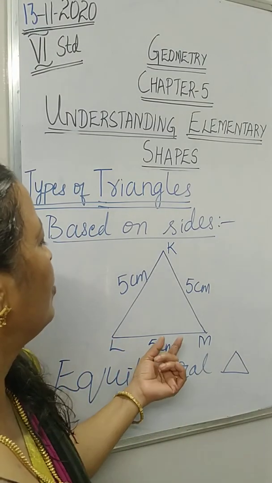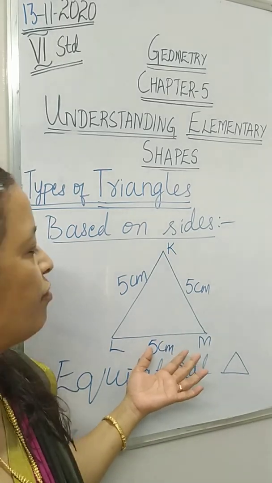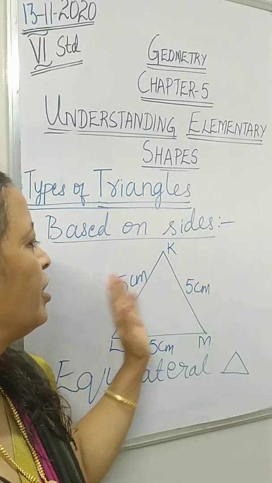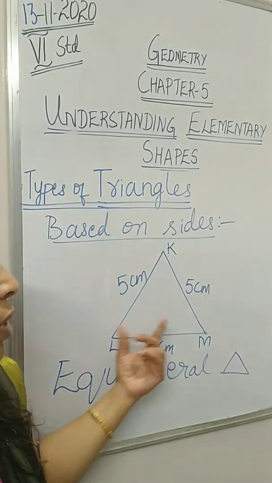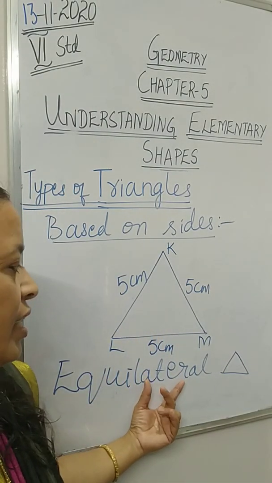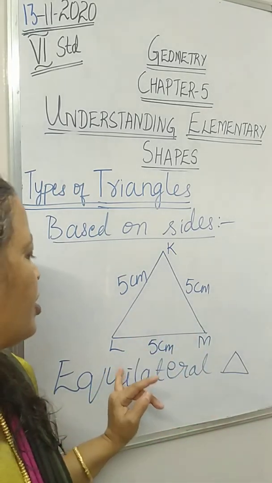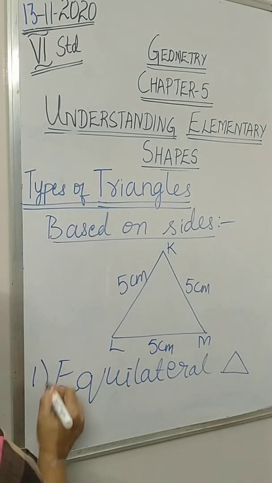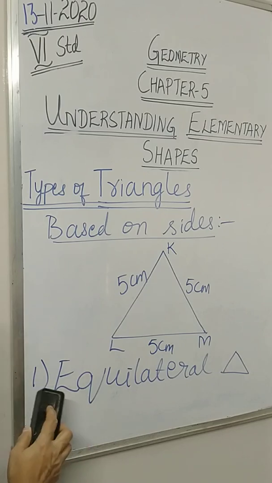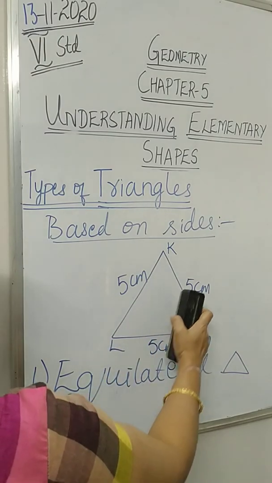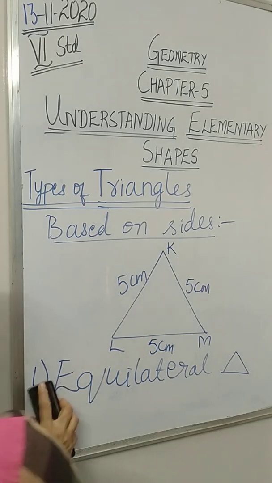Any triangle which has all the 3 sides of the same measurement, or all the 3 sides equal. Here it is based only on the sides. So this is the first type of triangle, where all the sides are equal. That is the first type of triangle you have learned.